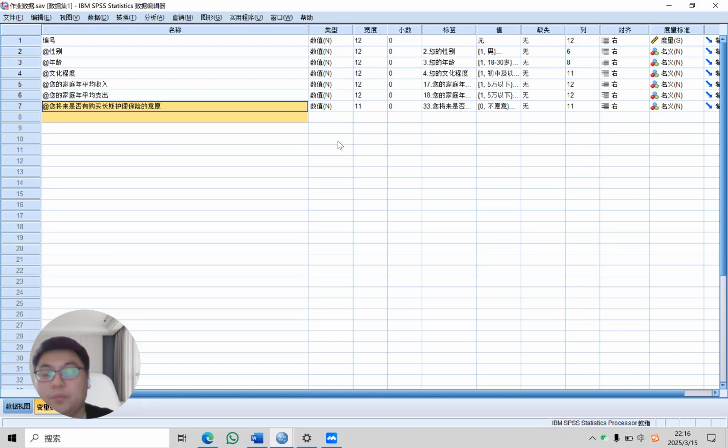The descriptive statistical analysis mainly uses some statistical indicators to summarize data, including categorical variables and continuous variables.